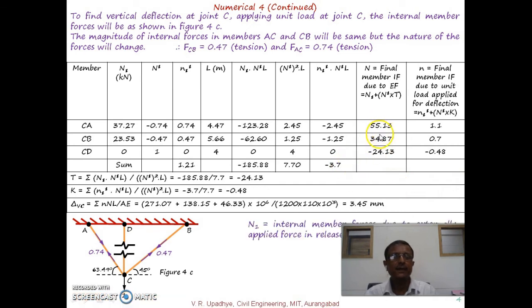Now this is calculated in these calculations: 55.13 into 1.1 multiplied with length 4.47. So this gives us 271.07.